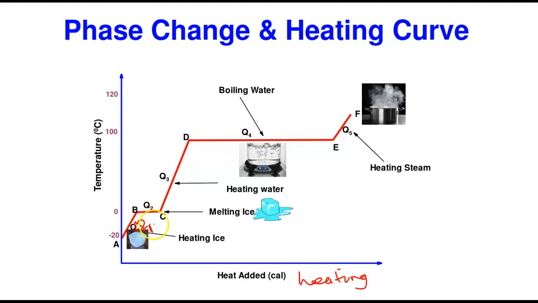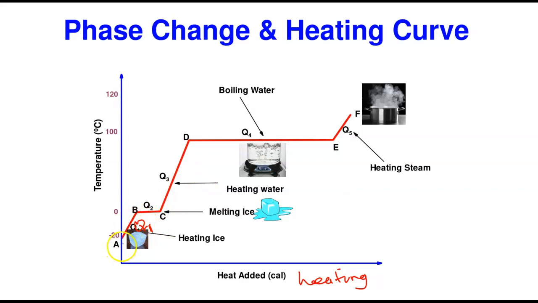Immediately I start heating this ice, there will be a sharp increase in temperature from negative 20 degrees to 0 degrees Celsius, which is A to B. At this A to B, the amount of heat needed can be calculated by calculating the slope. The slope at this point is Q1. If I calculate the heat added at this point, that gives me the amount of heat I need.